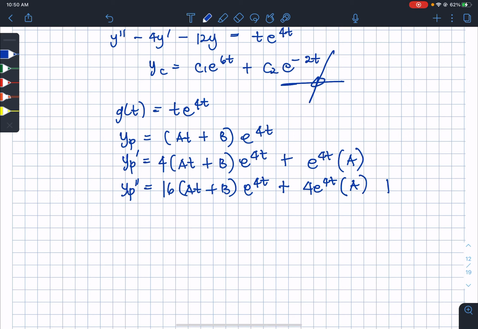And then of course plus the derivative of a e raised to 4t, that is 4a e raised to 4t. Correct? So our u is at plus b. Derivative of e raised to 4t is 4 times 4, 16 e raised to 4t. So copy 4 e raised to 4t. Derivative of at plus b is a. And then derivative of e raised to 4t times a will be 4a e raised to 4t.